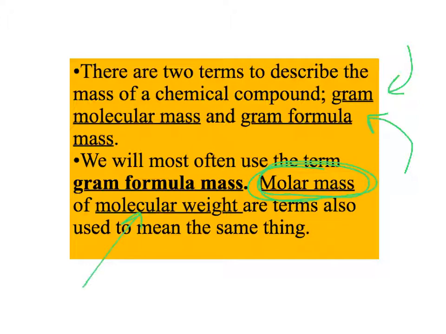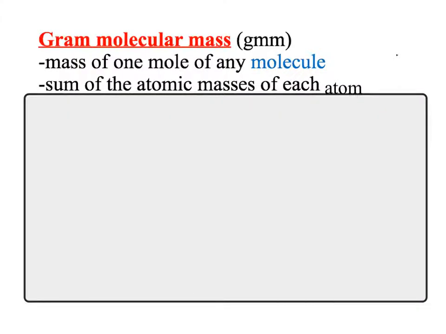There's all kinds of different things, but they all mean the same thing. So we have to get familiar with calling it different things. So this is going to be gram molecular mass, and what molecular mass means is if we have a molecule. A molecule, which we will learn about in a couple of units from now, means that you have 2 atoms that are covalently bound. But for now, we're just going to call it gram molecular mass.